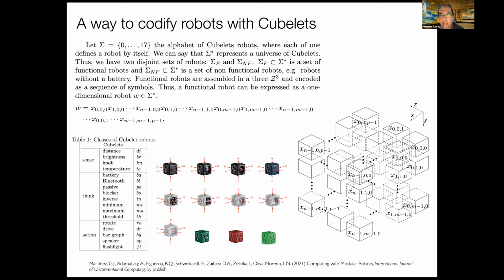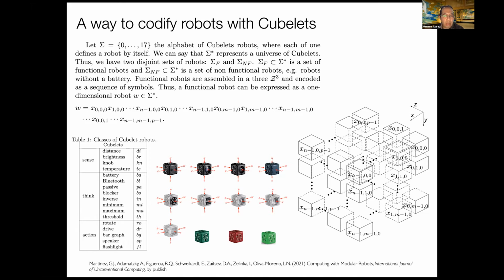It is an interesting characterization of this robot because the think blocks include the battery, the Bluetooth connection, passive blocks that have no action, blockers, inverse, maximum, minimum, and threshold.